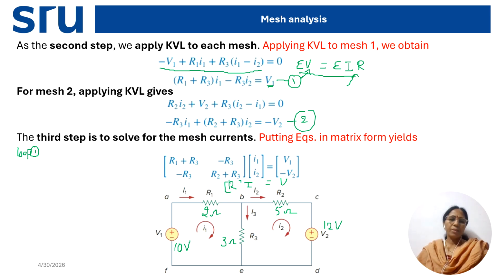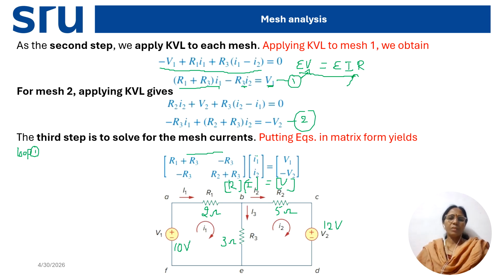So R matrix into I matrix equals V matrix. If you multiply, this is (R1 plus R2) into I1, minus R2 into I2, minus R2 into I1, plus (R2 plus R3) into I2, equals V1. Why have we represented this in matrix form?